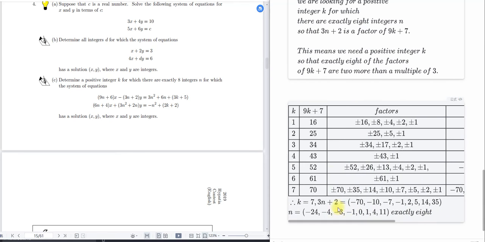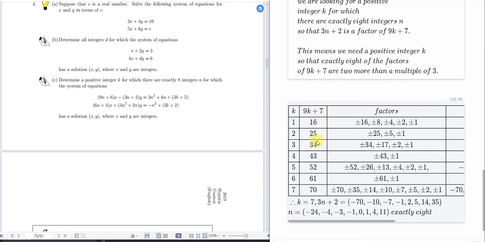No, it's not correct. And let's try k equals 2. 9k plus 7 equals 25. And we have these 6 factors. There are only 6 factors, so it's less than 8. k equals 2 does not work. So let's try k equals 3.